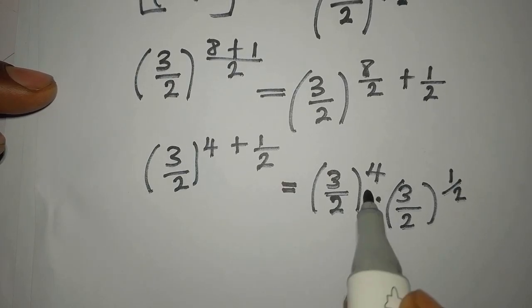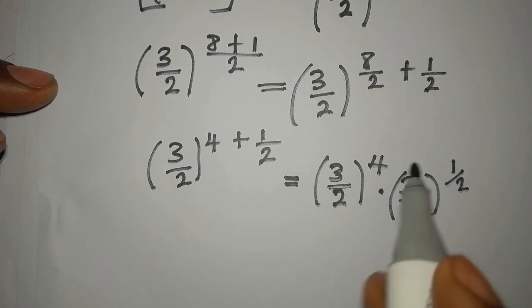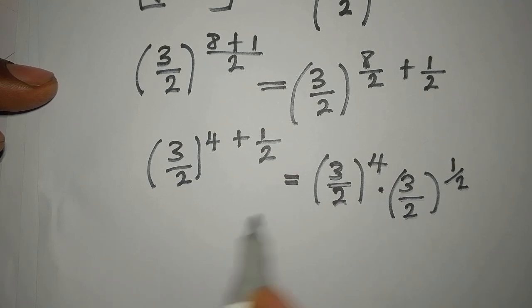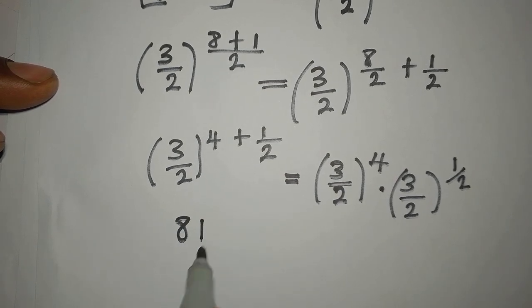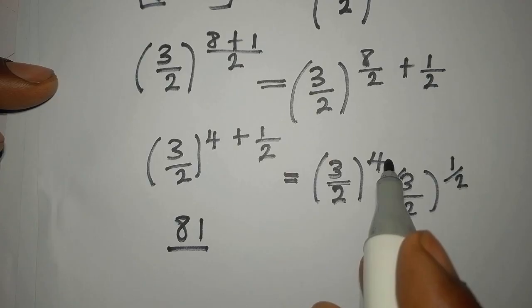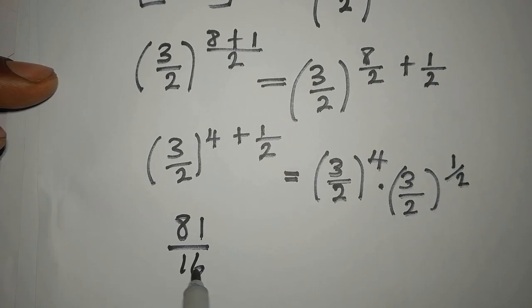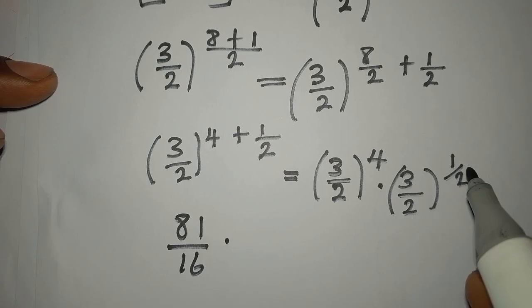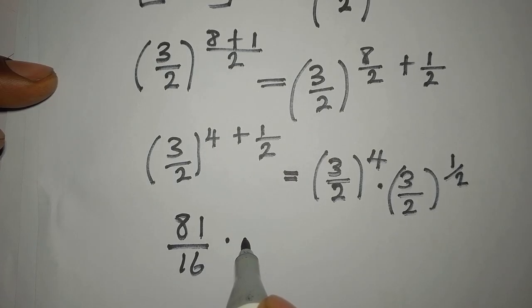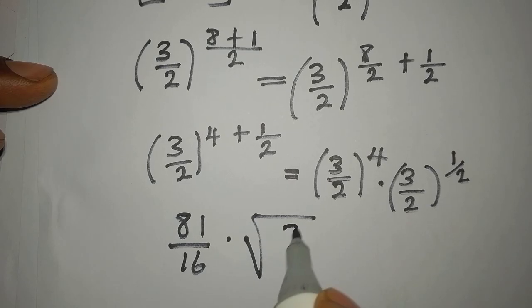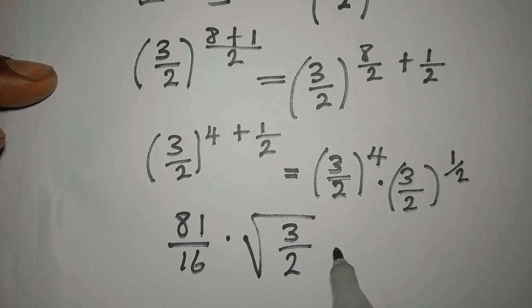Now, what if I work on this and I get 3 to the power of 4? That will give us 81 over 2 to the power of 4, which is 16. Then multiply by (3/2)^(1/2), which is the same thing as the square root of 3/2.